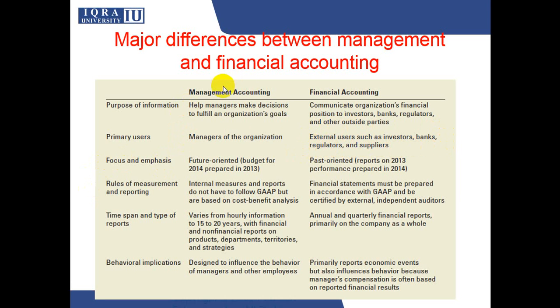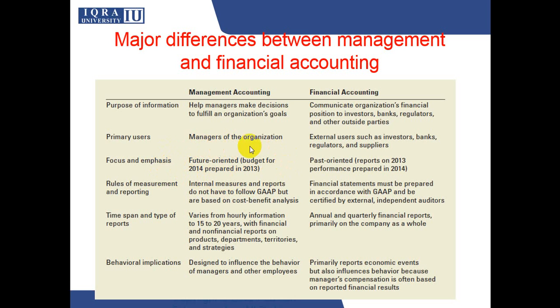Focus and emphasis. Management accounting is future oriented, for example, a budget for 2014 prepared in 2013. If we want to prepare the budget of 2014, we will look at the 2013 or past data, right? But this is a future oriented budget prepared for the future.